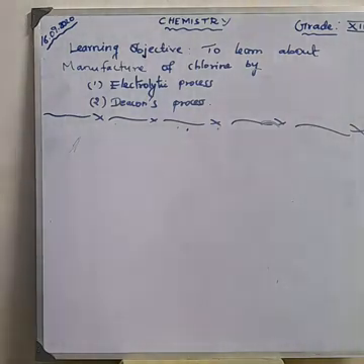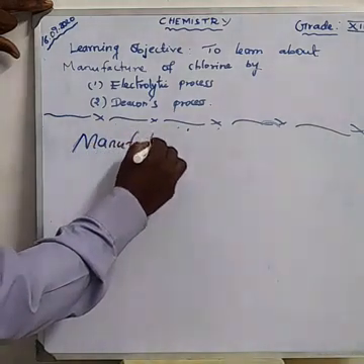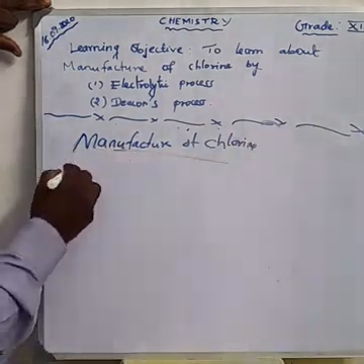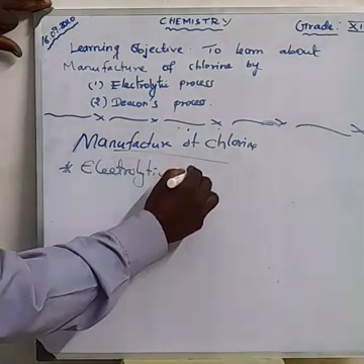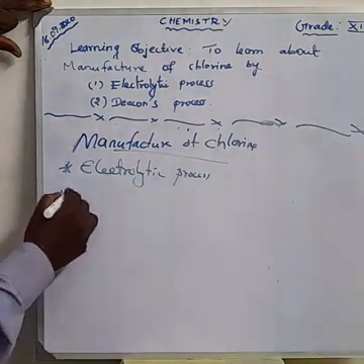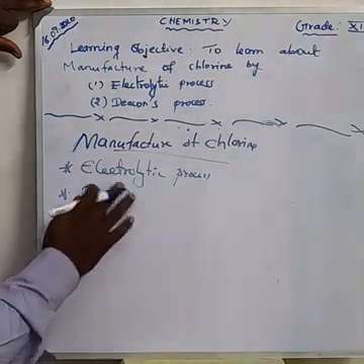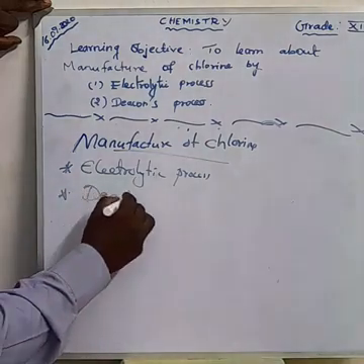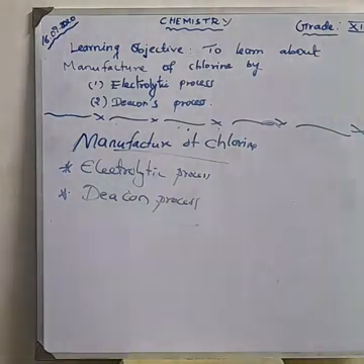Your assignment is manufacture of chlorine by the electrolytic process and also the Deacon process.